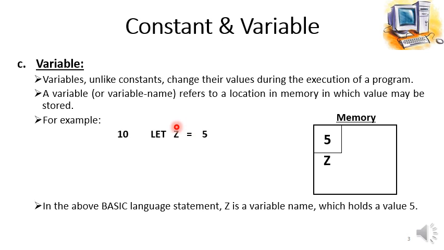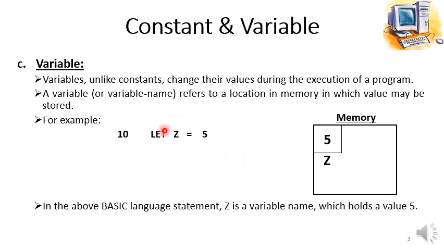That's why we use humanly understandable variable names, so that we can refer to any values stored in the memory easily. So that's why we are using variable name Z. Now later on in the program, whenever we need this value 5, we will just write Z instead of 5, and that value 5 which is stored in the memory will be used automatically.